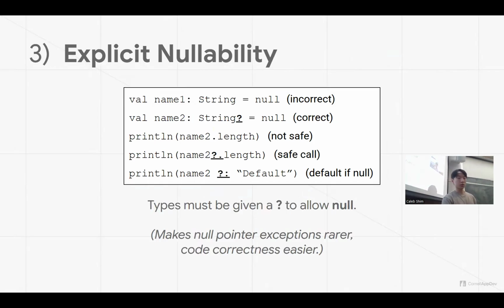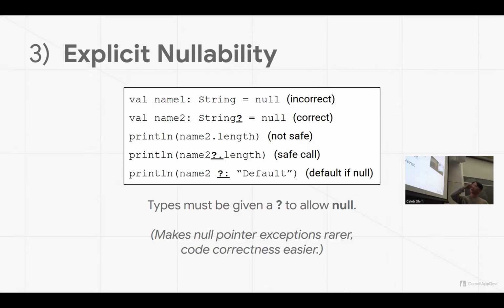Okay, now we get to the more fun stuff. So Java has this big problem, which is null. That's been called the $1 billion mistake because null pointer exceptions are kind of bad. The way in which Kotlin is different from Java that makes it easier to deal with null values is that you have to make types explicitly nullable if you want that variable to have null as a possible value.